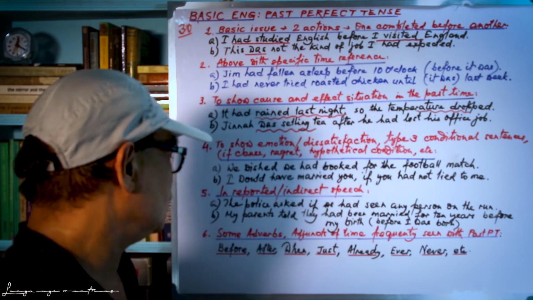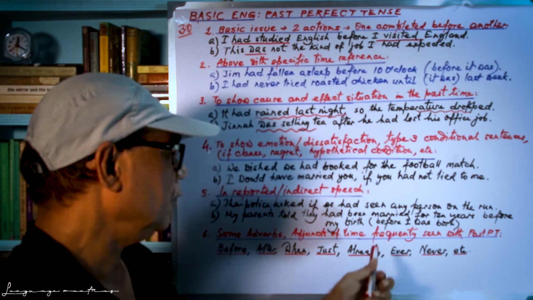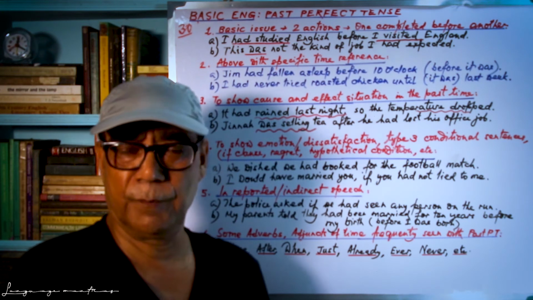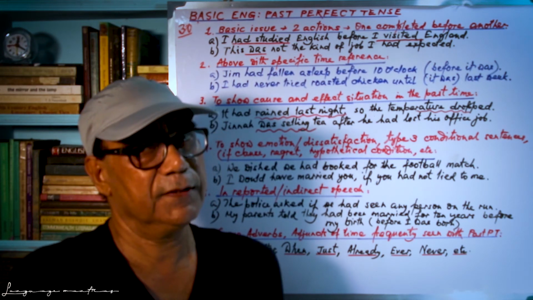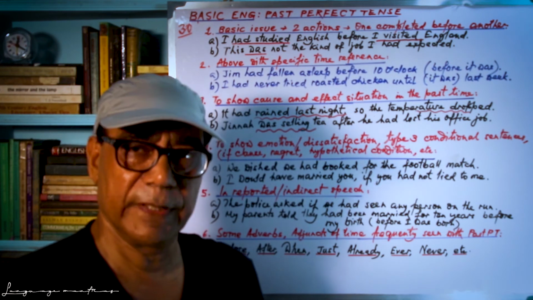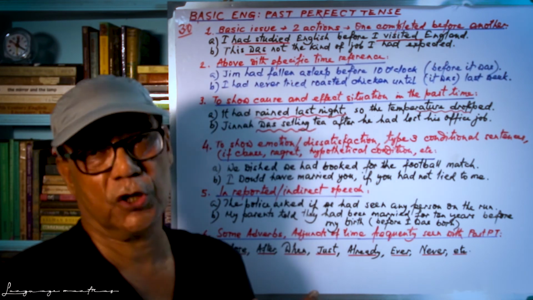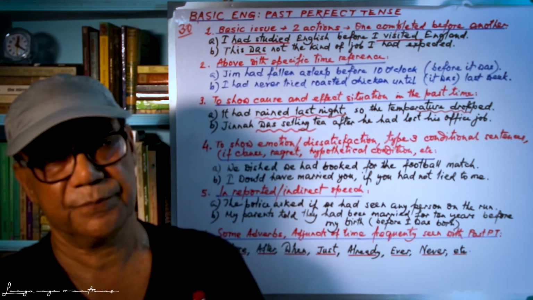My parents told they had been married for 10 years before my birth. Now, before my birth, I have already told you, this is actually before I was born will be the full sentence, but here in shortened form, before my birth. This is translated by me. Why?